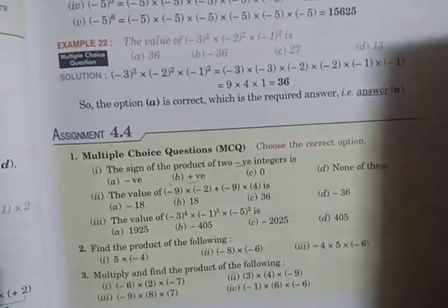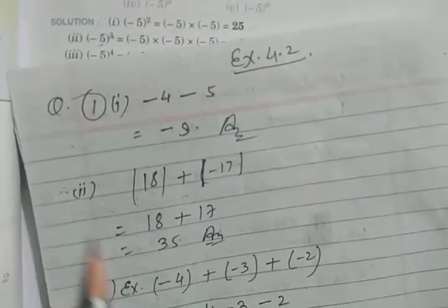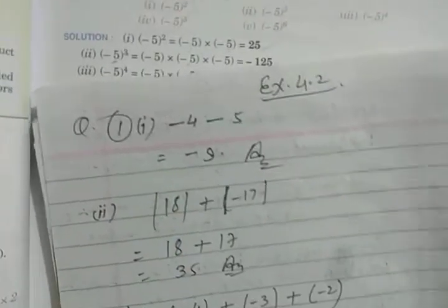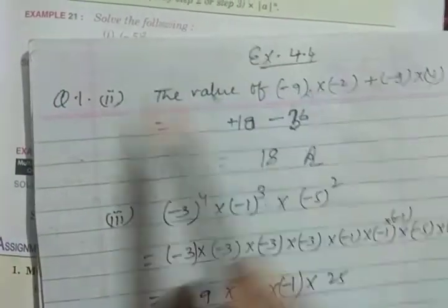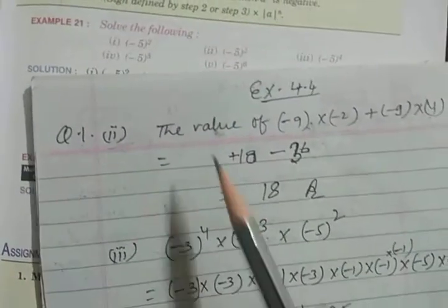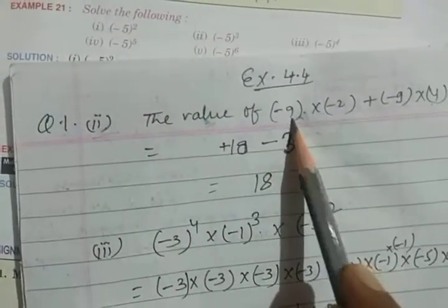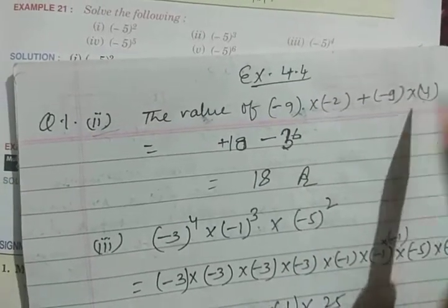So guys, look here. Exercise 4, question number 2: the value of minus 9 into minus 2 plus minus 9 into 4.